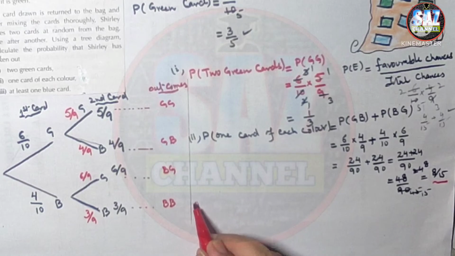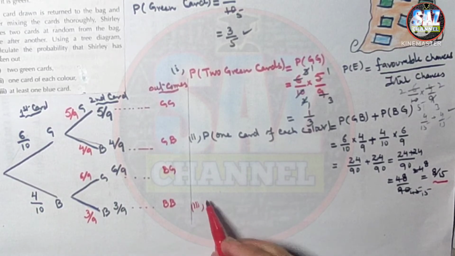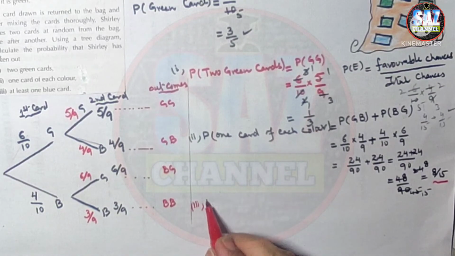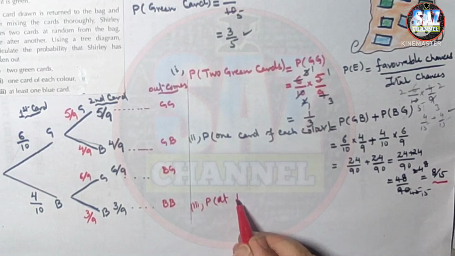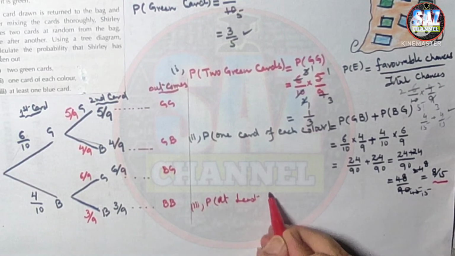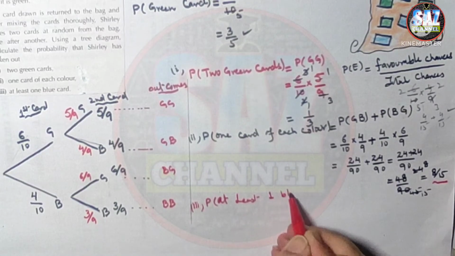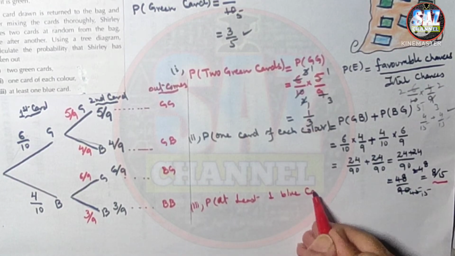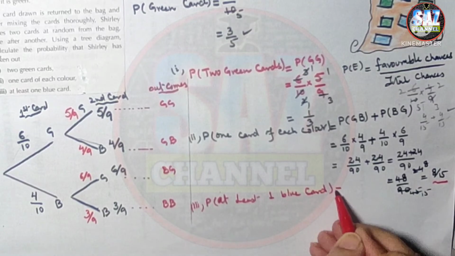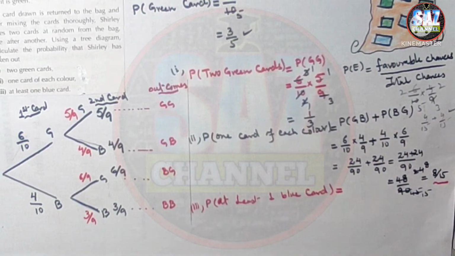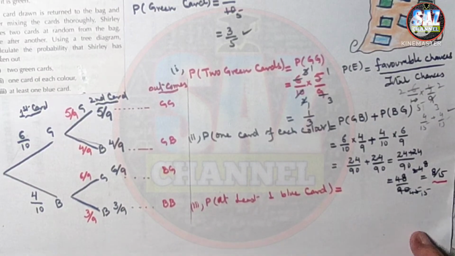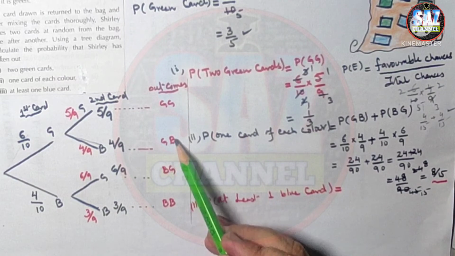And moving to the third part, that says at least one blue card, probability of at least one blue card. First, let's try to understand the situation, what do we mean by probability of at least one blue card. That means we must have one card that must be blue.